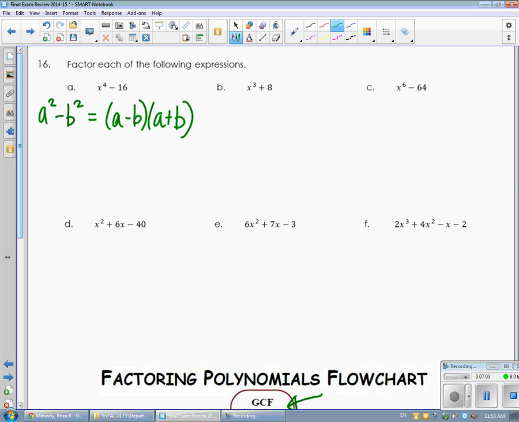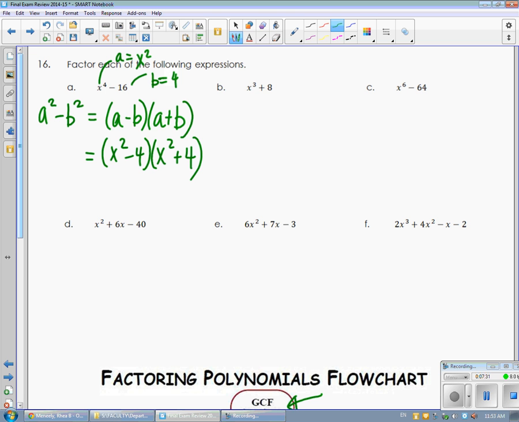I only have rules for perfect squares and perfect cubes, so I need to think about taking the square root of each of these terms. That means my a term corresponds to the square root of x to the 4th, which is x squared. My b term corresponds to the square root of 16, which is 4. Sorry, I was getting ahead of myself. So now if I factor, it's going to be x squared minus 4 times x squared plus 4.